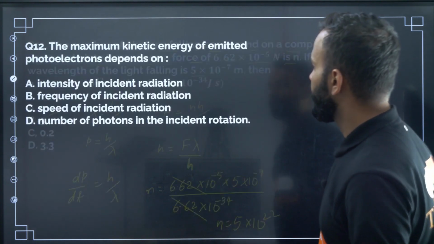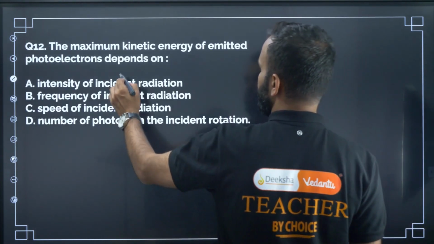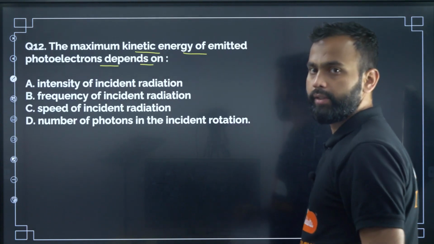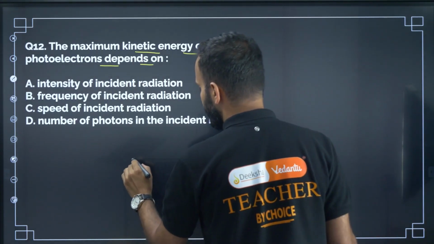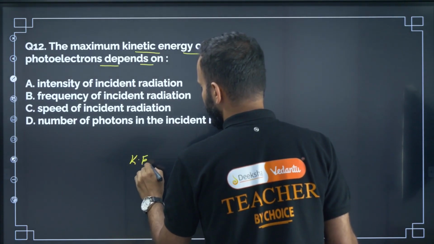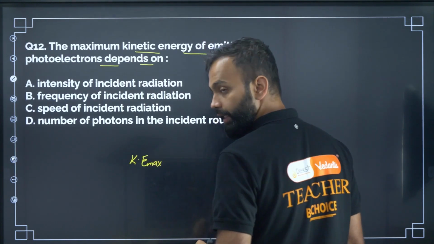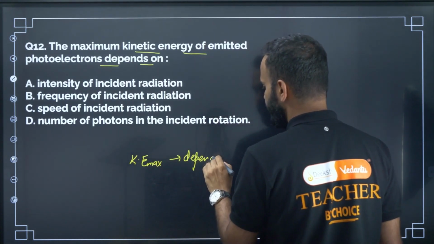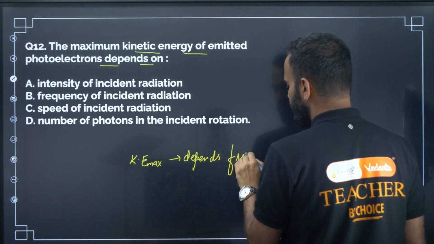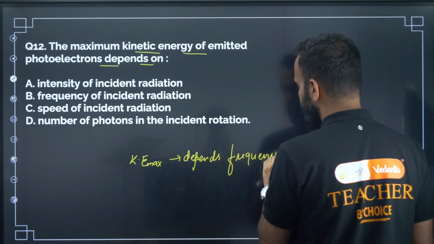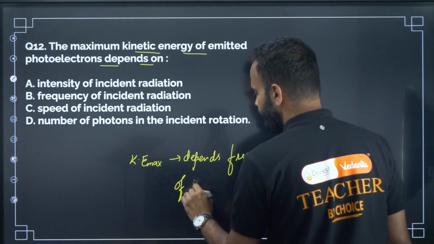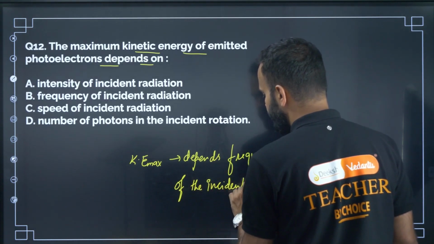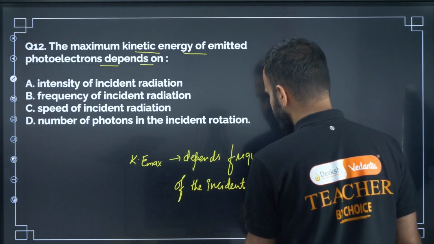Next question, question number 12. Maximum kinetic energy of the emitted photoelectrons depends on the frequency of the incident light.